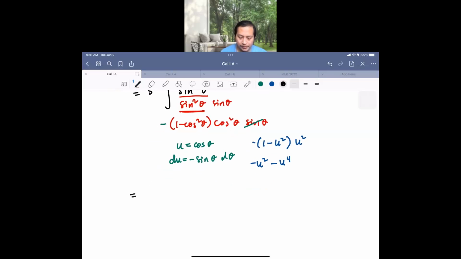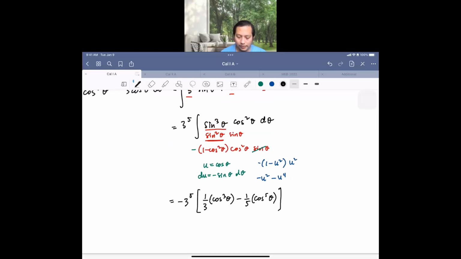So we could have negative 3 to the 5, and then this will be 1 over 3 u cubed, where u is cosine theta, so cosine cubed theta, and then minus 1 over 5 u to the 5, where u to the 5 is cosine to the 5 theta, right?